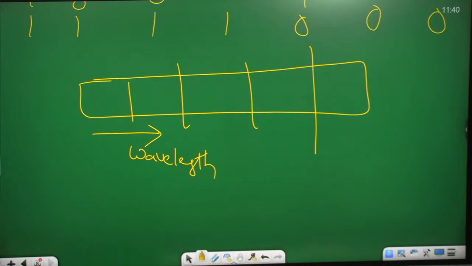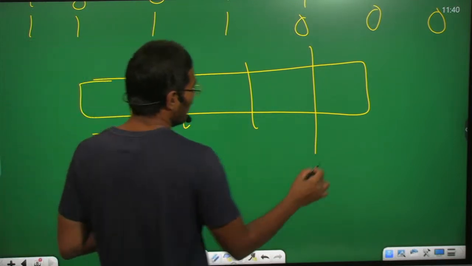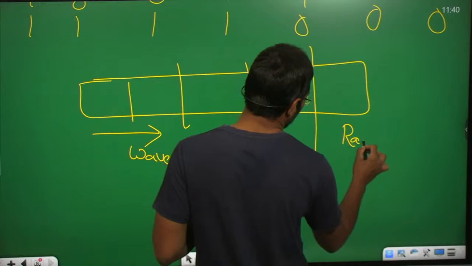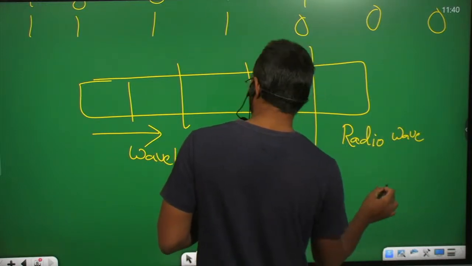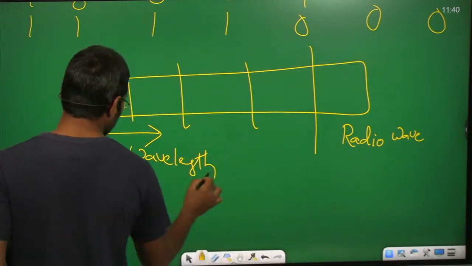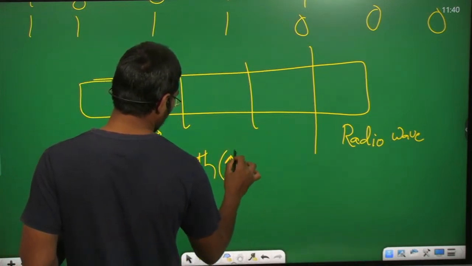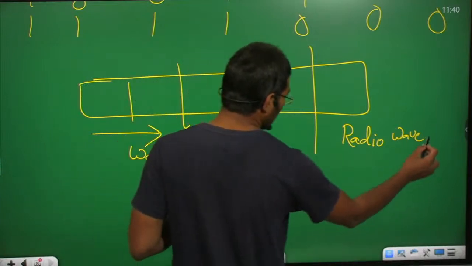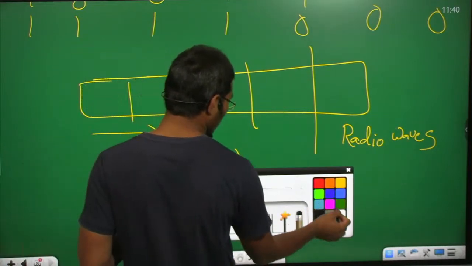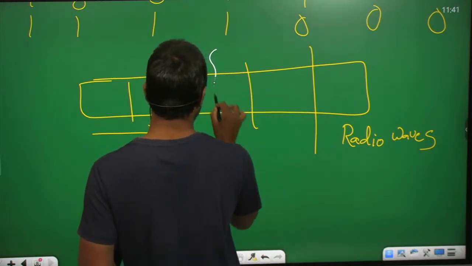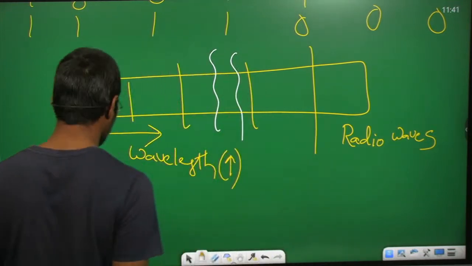See, we have radio waves where wavelength increases, highest will be for radio waves, okay? So your visible spectrum falls somewhere here, somewhere in between, okay?